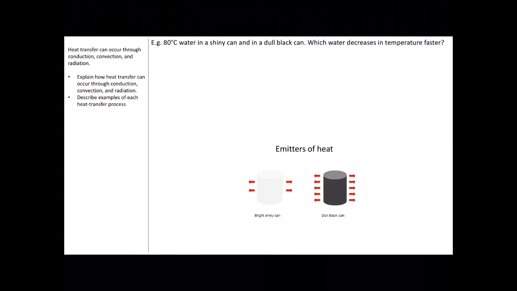An example that considers this is if you've got, for example, 80-degree water, some of it in a shiny can and an equal amount in a dull black can. We want to work out which water decreases in temperature faster, so which has a faster rate of temperature decrease. The bright shiny can is going to have a much lower emissivity, whereas the dull black can's emissivity is going to be higher.